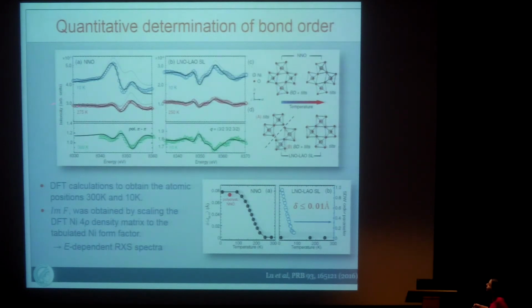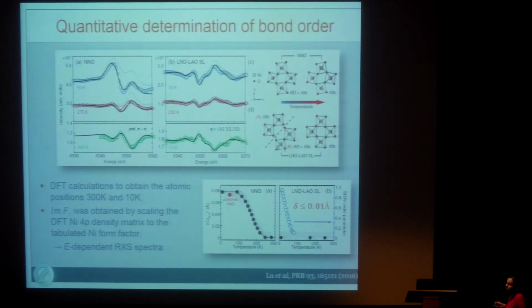The results you can see here by these black curves. By only considering structural distortions due to the tilt and rotation of the octahedra, which are induced by the epitaxy with the substrate in these neodymium nickelate layers, we can reproduce the scattered intensity very well.